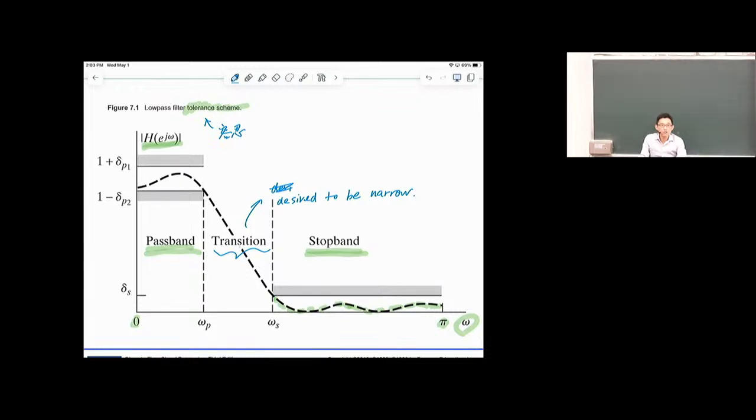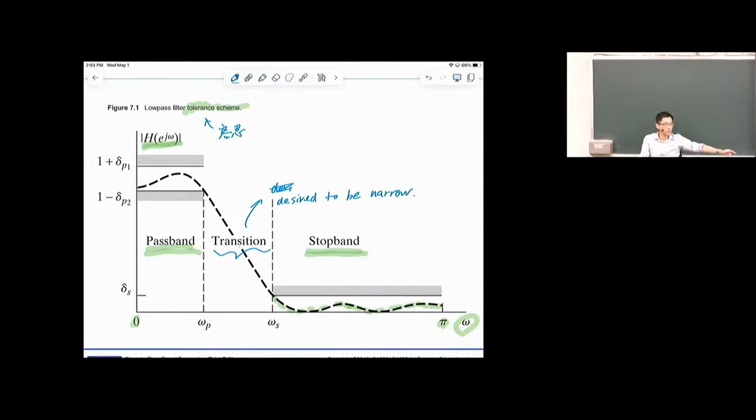There's always a frequency width, a space, that is required between passband and stop band. The transition is never ideal like an ideal low-pass filter.